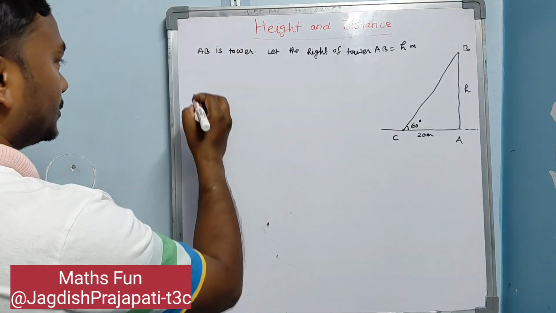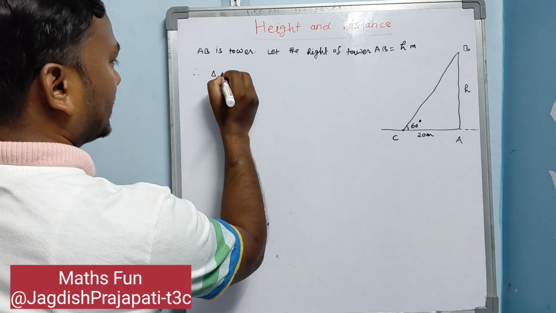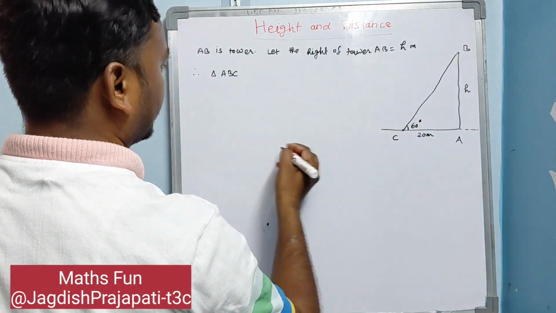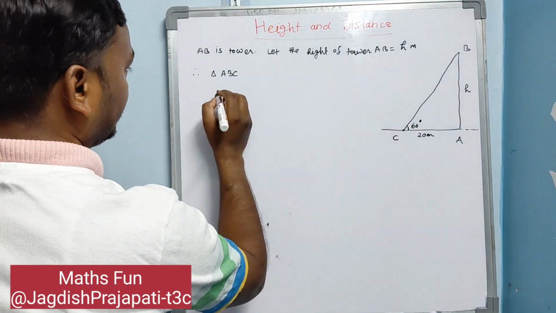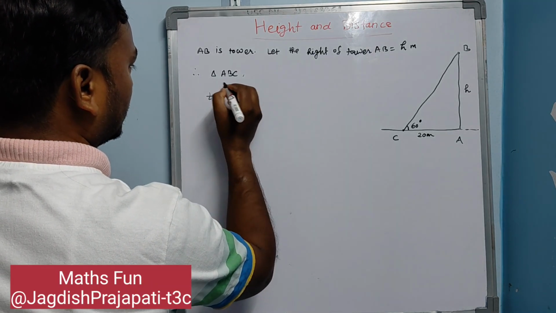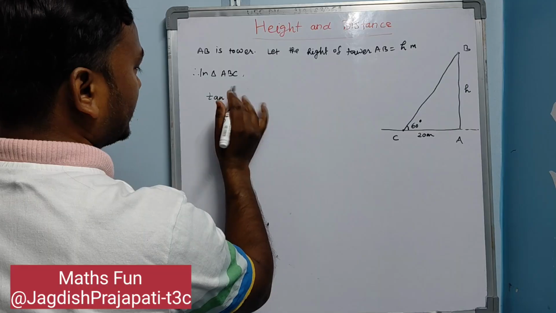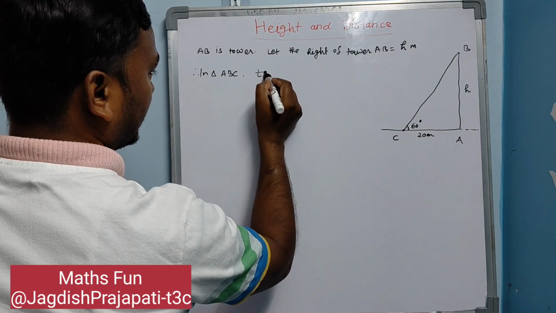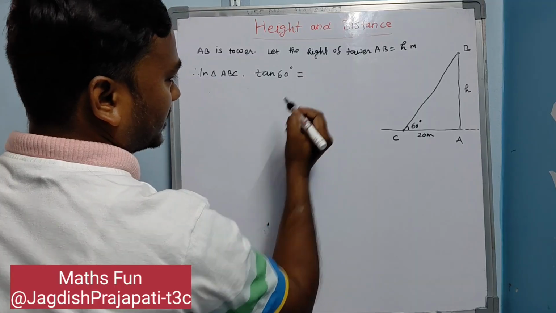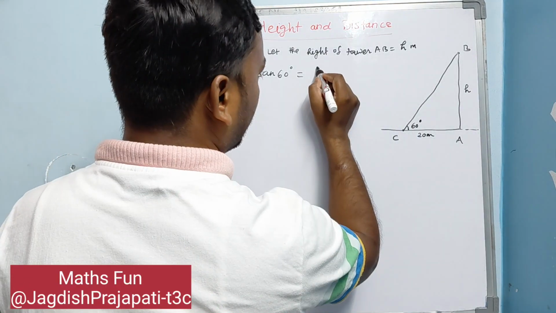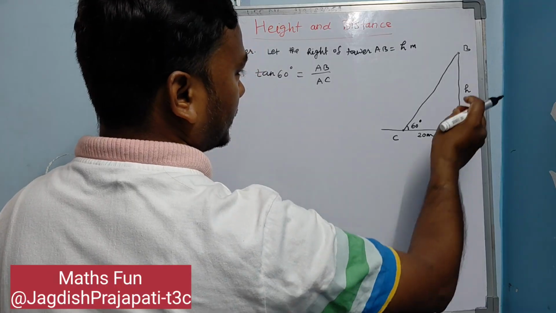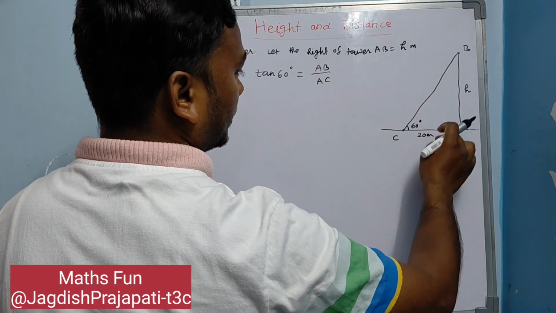So in triangle ABC, tan 60 degree will be AB upon AC, perpendicular upon base.